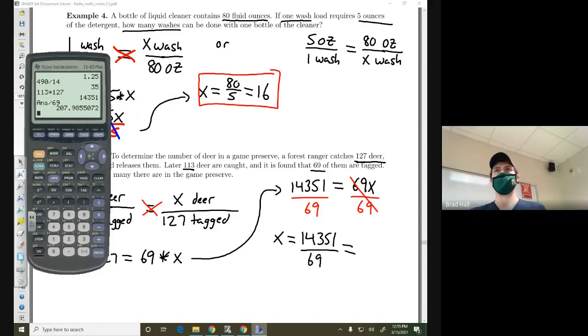They do give us a decimal, but I'm guessing this is going to ask you to round, because you can't have 0.98 of a deer here. So we're going to take that number and bump it up to 208. Why would you bump it up to 208, and not round it down to 207?